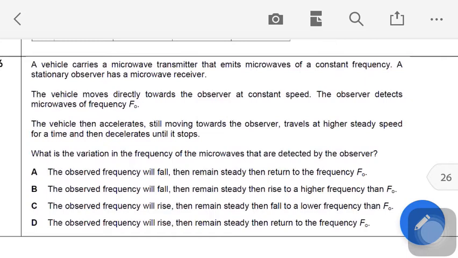Okay, so we know that the faster an object is moving towards the source, the shift is going to be even greater, and the observed frequency is going to be even greater.